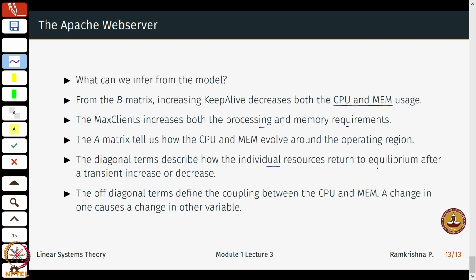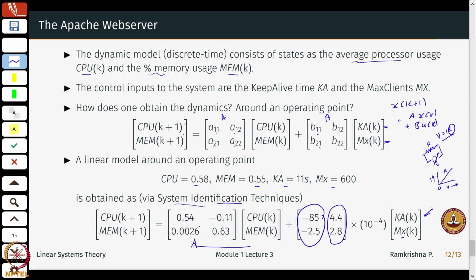The off diagonal terms will tell me some kind of inherent coupling between the CPU and the memory usage. So, these are other ways of looking at models. Once I know a model of this, I can exploit tools from feedback control theory. I can check if the system is completely controllable or not, and then design controllers for various performance metrics.